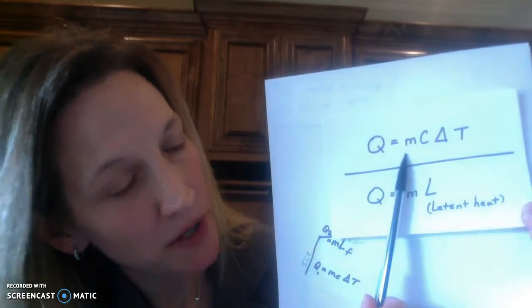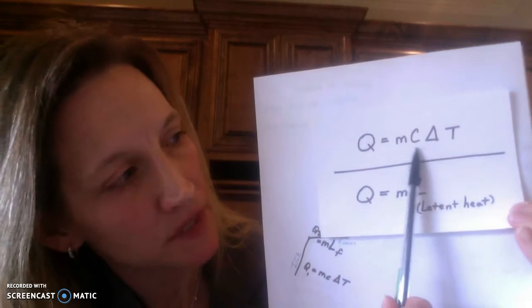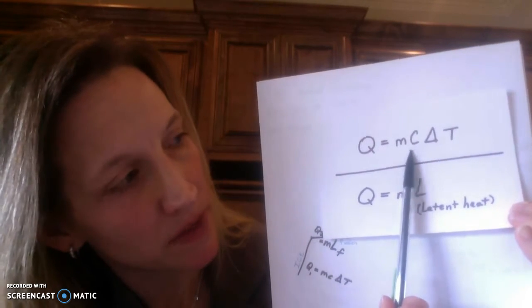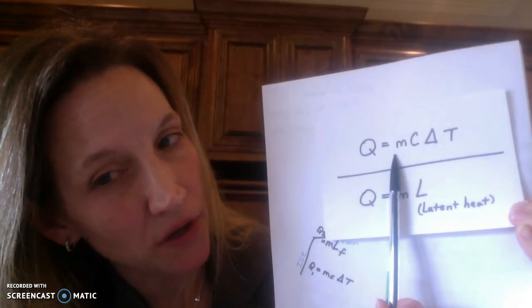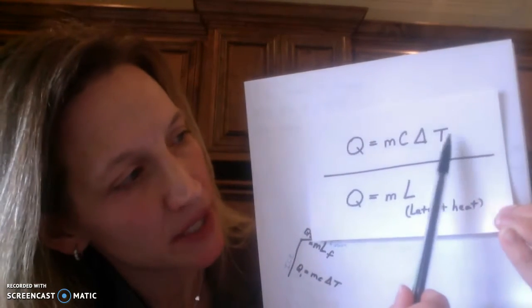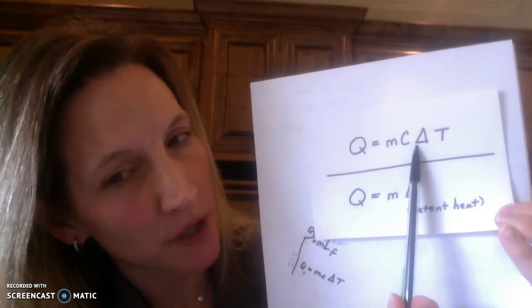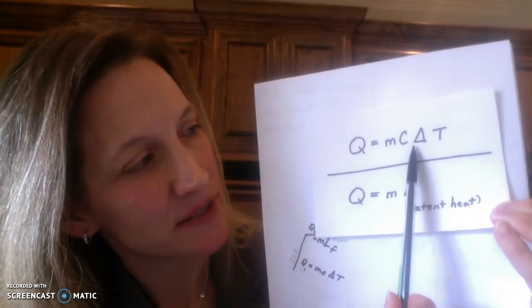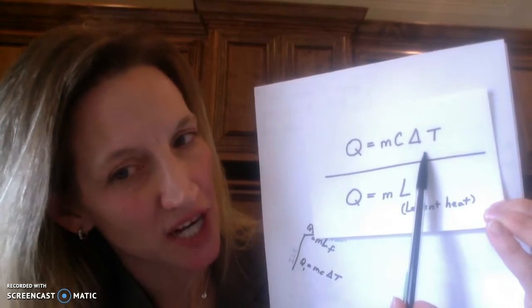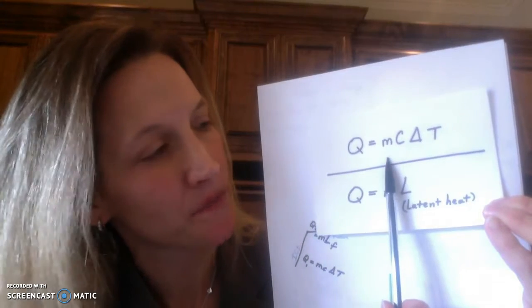My liquid water, change in temperature, 0 to 100, specific heat of liquid water, mass of 2 kilograms. My Q5 will be a change in temperature from, this is my steam, from 100 degrees up to 120 degrees. So a 20-degree change, specific heat of steam by 2 kilograms.